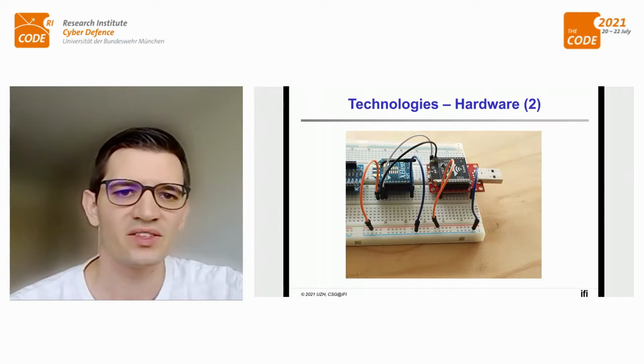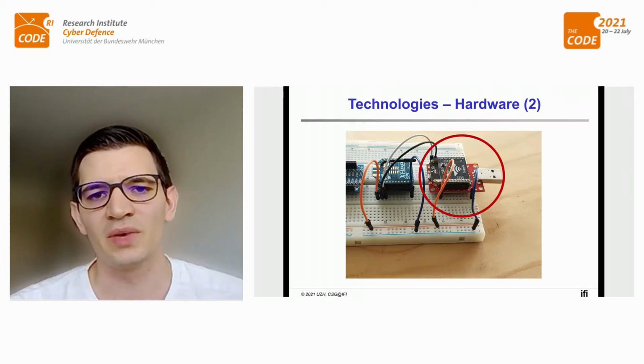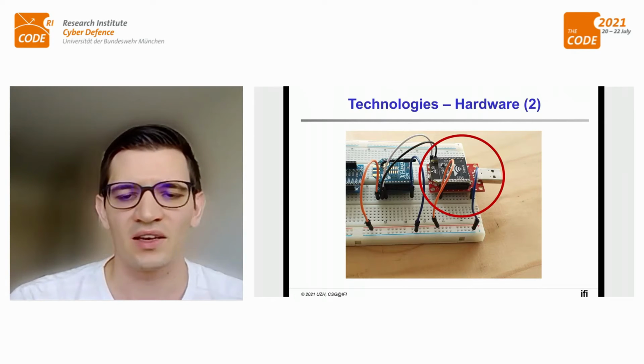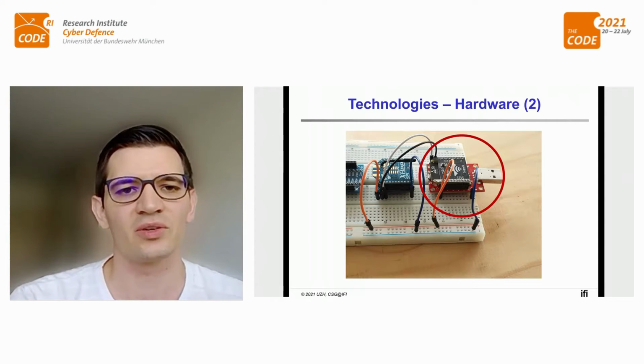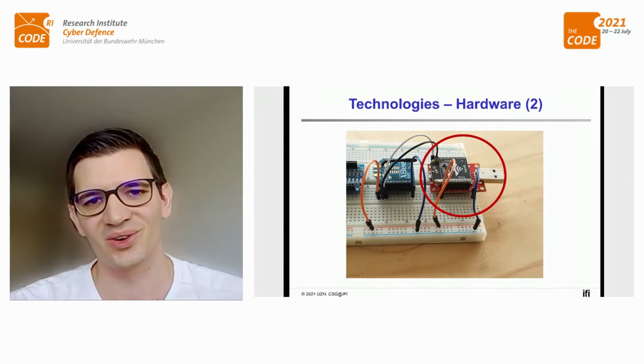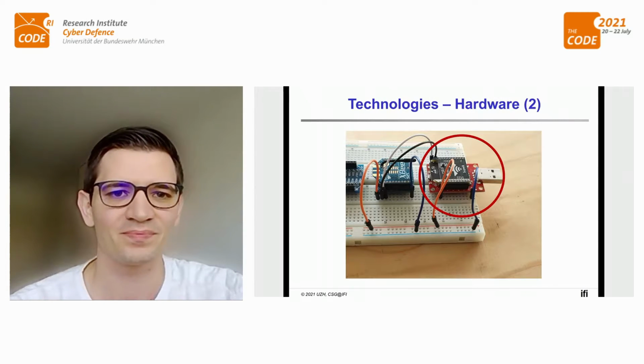On the picture, we can see the XB and the ESP32-based Super B, and they are connected using cables such that IEEE 802.15.4 is added to the ESP32.